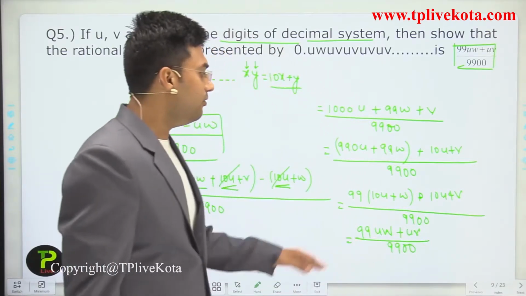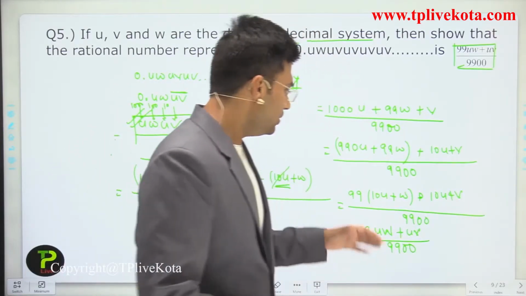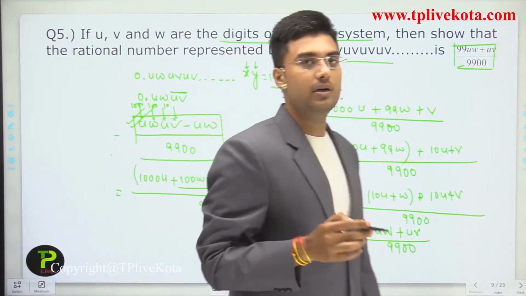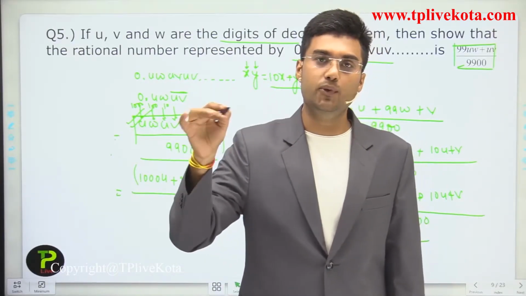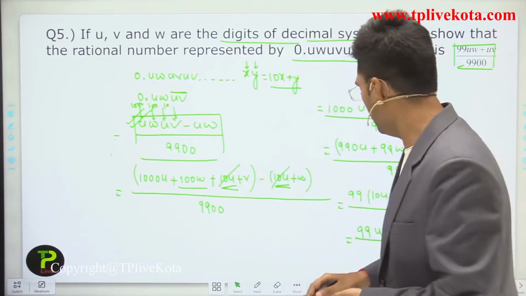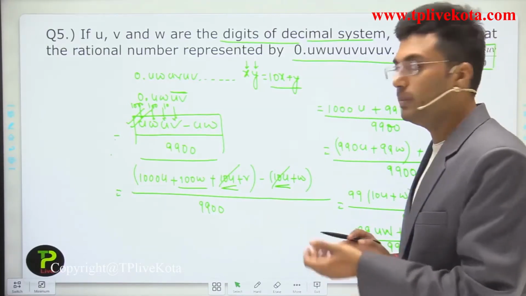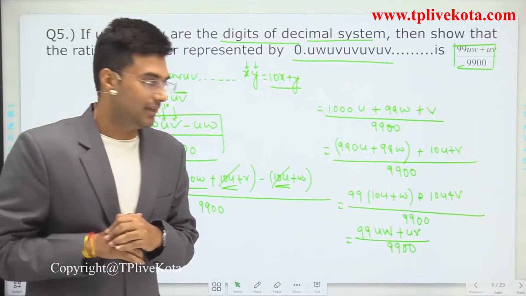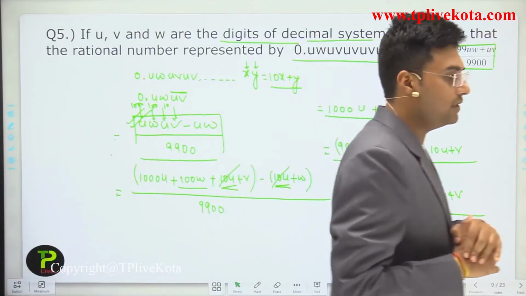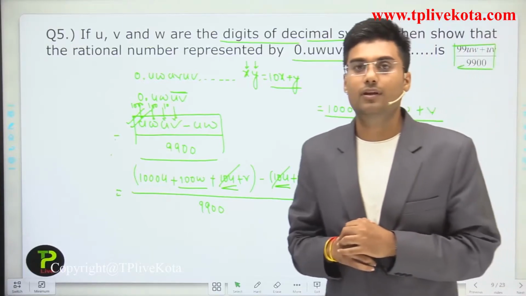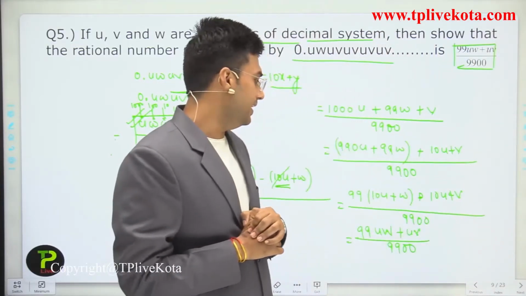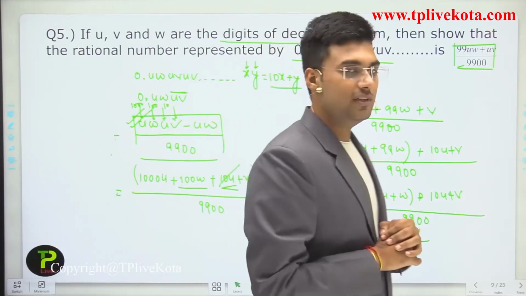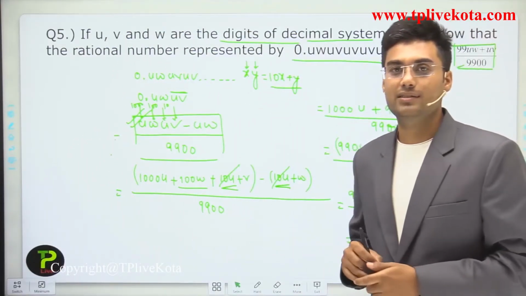So now we have proved that this number 0.uw bar can be written in the form of 99uw plus uv divided by 9900. This is a very interesting question. I hope you all understand this. So after this question, let's move to the next.